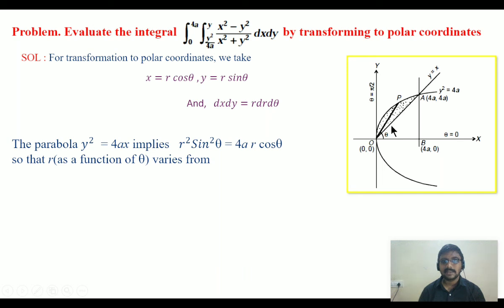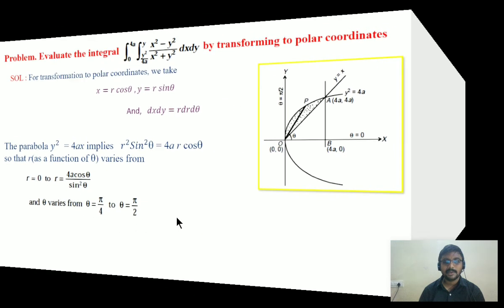Theta moves from pi by 4 because y equal to x means r cos theta equal to r sin theta; r gets cancelled, cos theta equal to sin theta, which implies theta is pi by 4. So theta varies from pi by 4 to pi by 2.